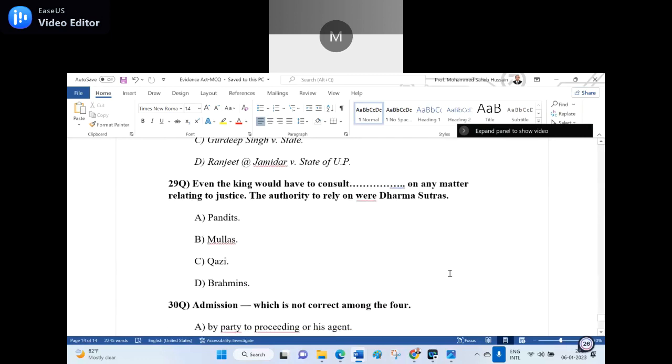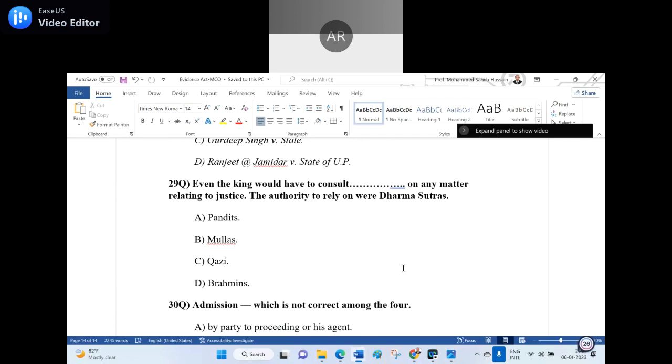29th question. Even the king would have to consult dash on any matter relating to justice. The authority to rely on were Dharma Sutras. A, Pandits. B, Muldas. C, Qazis. D, Brahmins. Olden times. Pandit, sir.